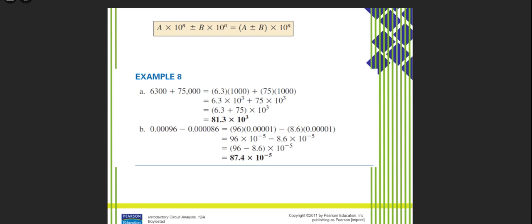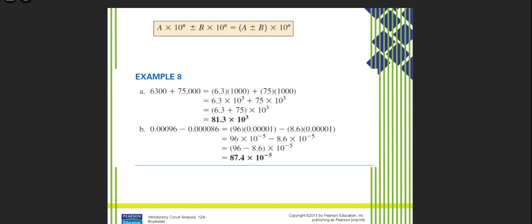And then the result is 81.3 multiplied by 10 power of 3. If you do the math, adding 6,300 to 75,000, the result is 81,300. If you convert it to 10 power of 3, it will be this number.